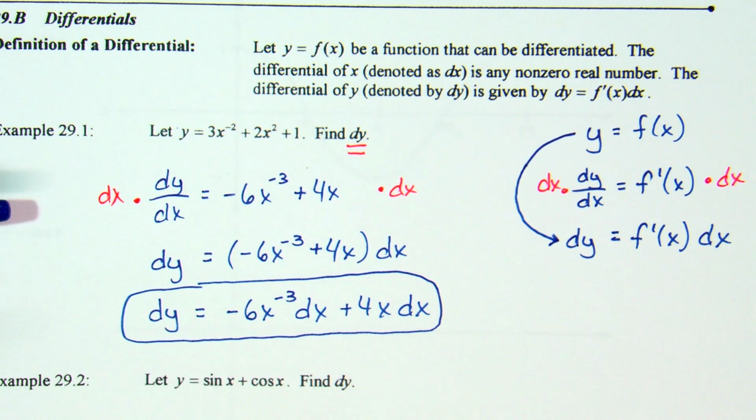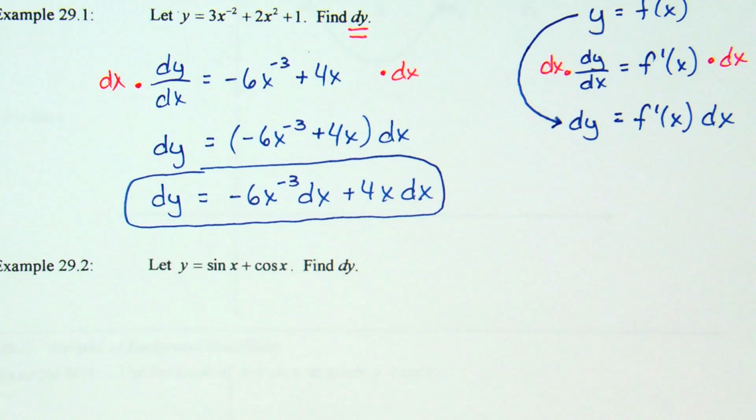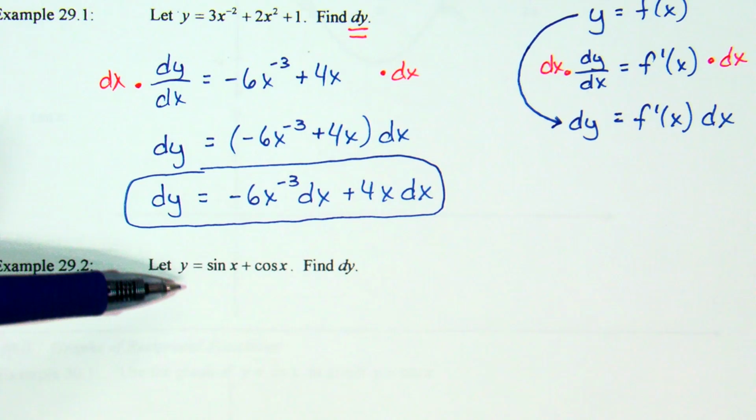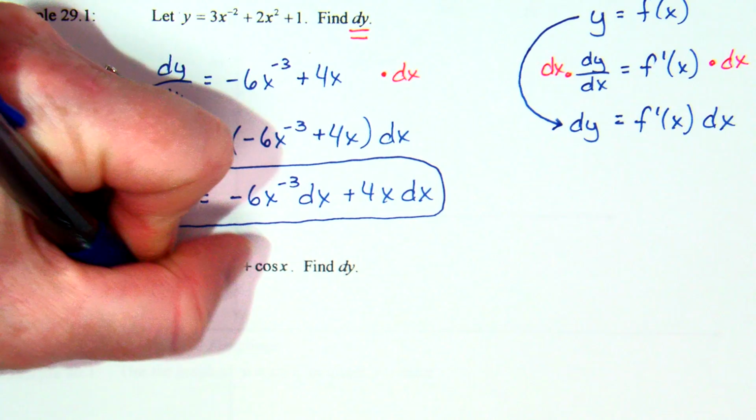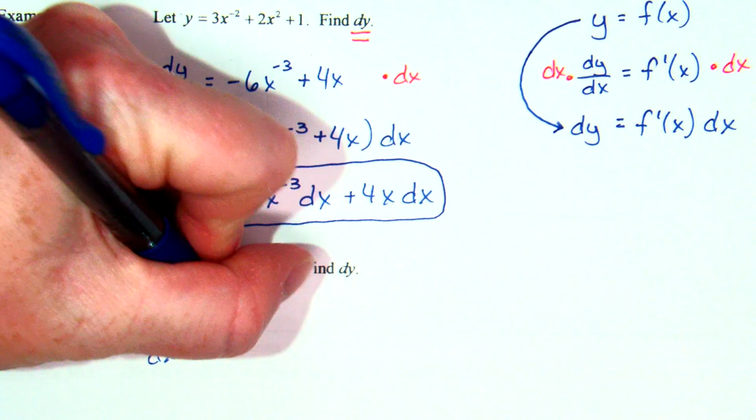y equals sine x plus cosine x, find dy. Officially, you could go straight to it if you want. If we use differentials and we go straight there, what's the derivative of y? Okay, not the direction it's going, but I can go there. So derivative of y, if we're just doing our normal derivatives and not thinking differentials, dy dx. Derivative of sine x is cosine x.